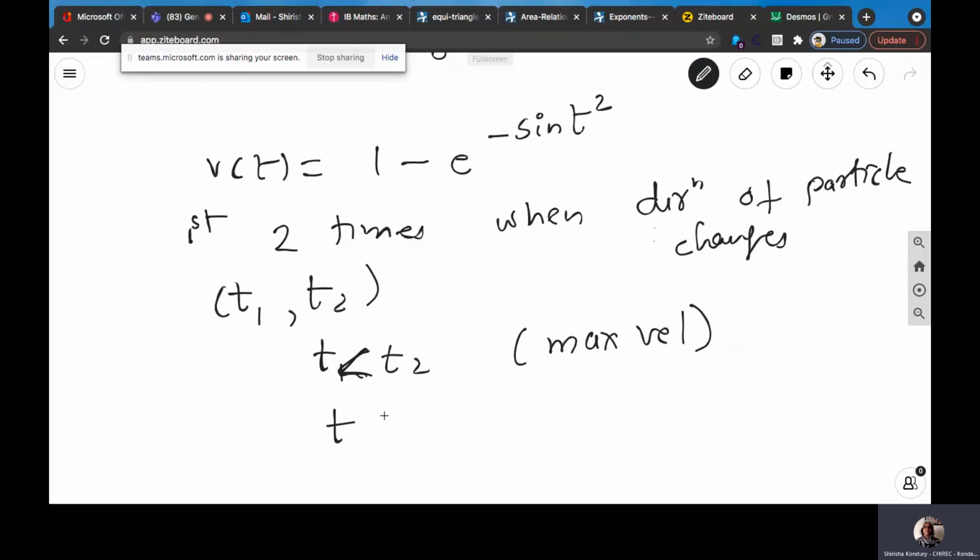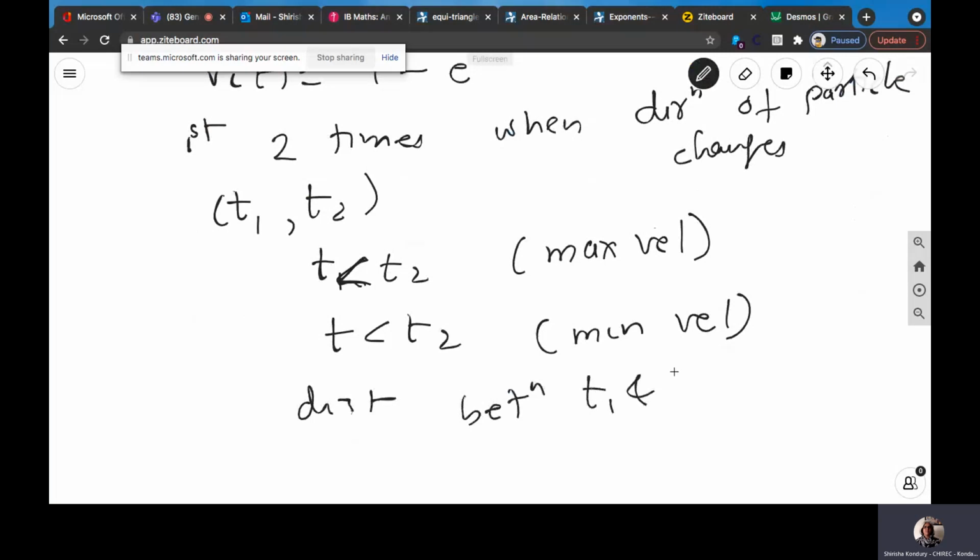And for time less than t2, when does the particle have minimum velocity? And the distance traveled between t1 and t2. To understand all this, it is very important to graph that function, because that's not a known function to us.